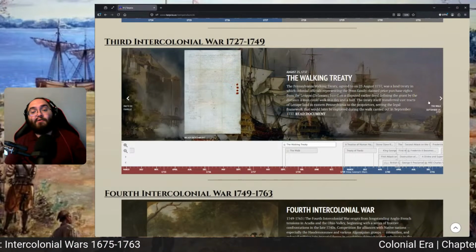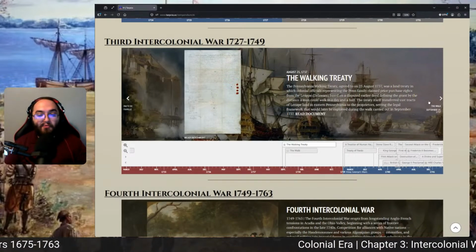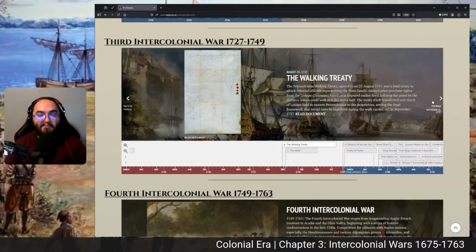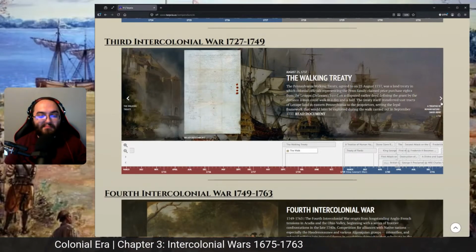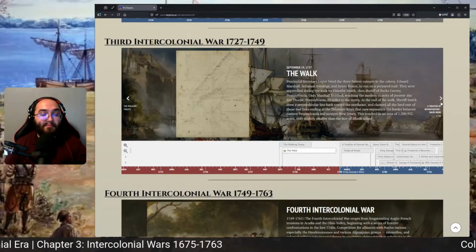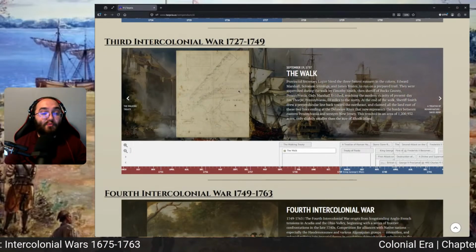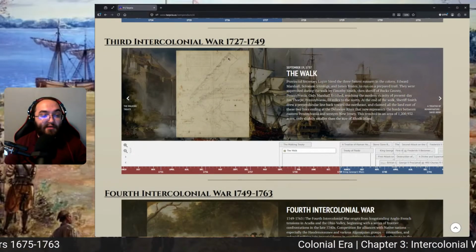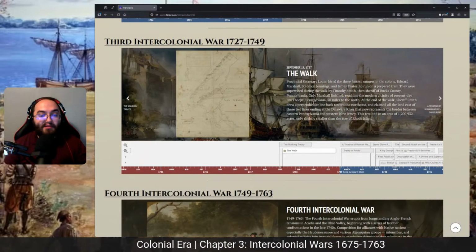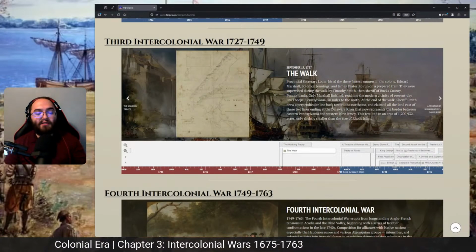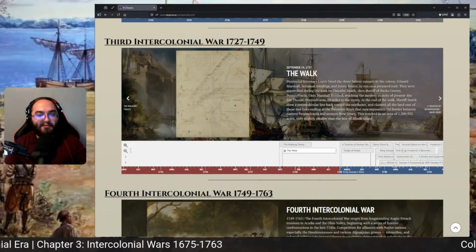So I don't know why the Lenape agreed to this treaty, but in a couple months in September, this is the actual map. It's kind of hard to see, of the walk itself. And the Pennsylvanians, what they did is they prepared the path ahead of time.